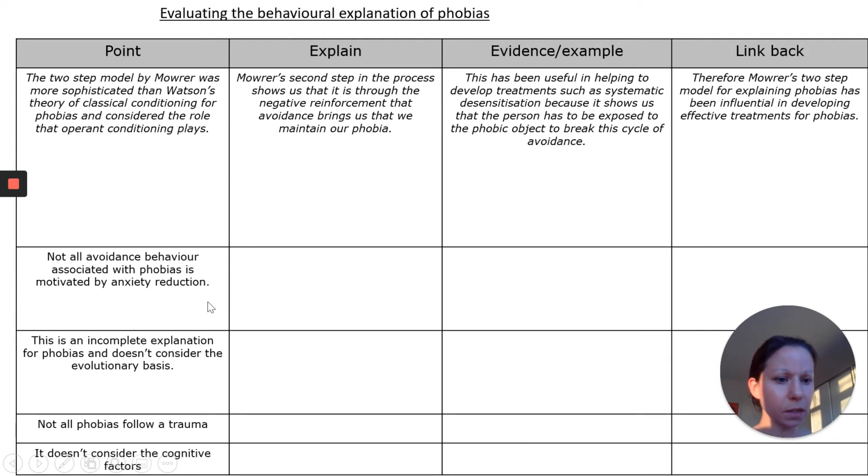Not all avoidance behaviour. So we're thinking about the second step in Mowrer's process here. Not all avoidance behaviour is actually thought to be about reducing anxiety. For example, and this is quite a specific example and you might use it here, agoraphobia.